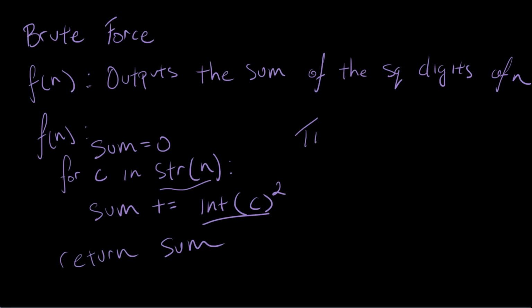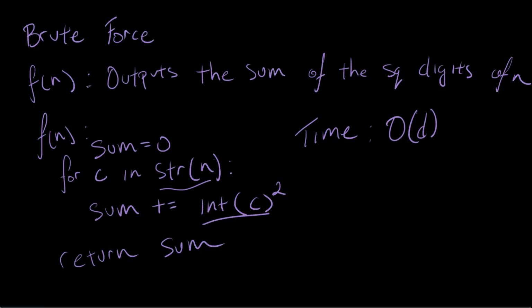The time complexity of this is on the order of O of d, where d is the amount of digits. Because this for loop runs d times, meaning that if the number was a 2-digit number, it runs for 2 iterations. If it's a 10-digit number, it runs for 10 iterations.